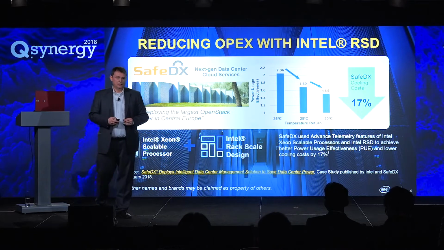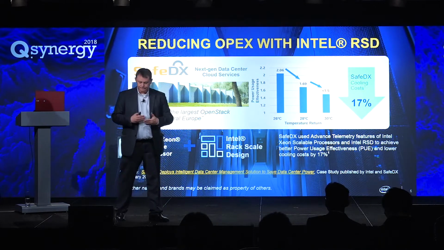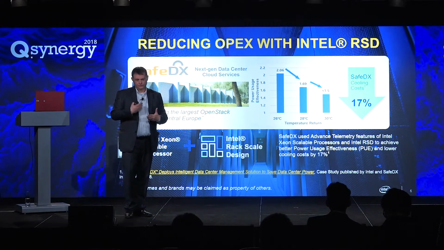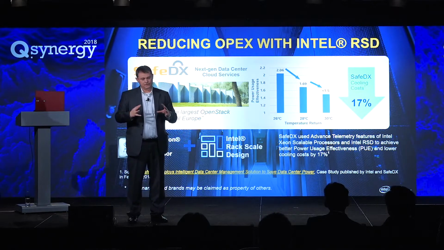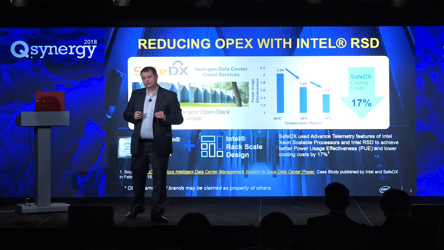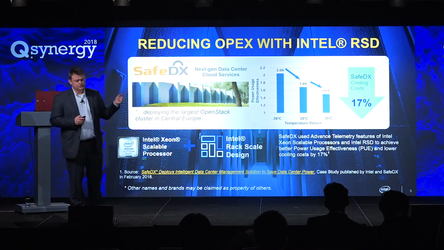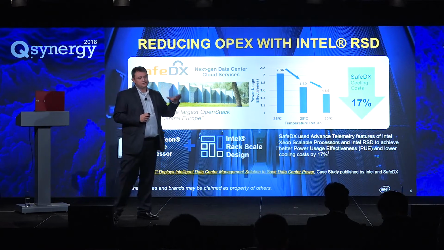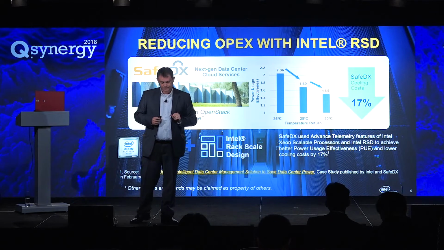This is a communication service provider called SafeDX in the Czech Republic. By using some of the advanced telemetry, Redfish compliant and RSD telemetry options that we provide, they were able to focus on one of their specific needs, which was to reduce the power investments they needed to make and to reduce the cooling costs.